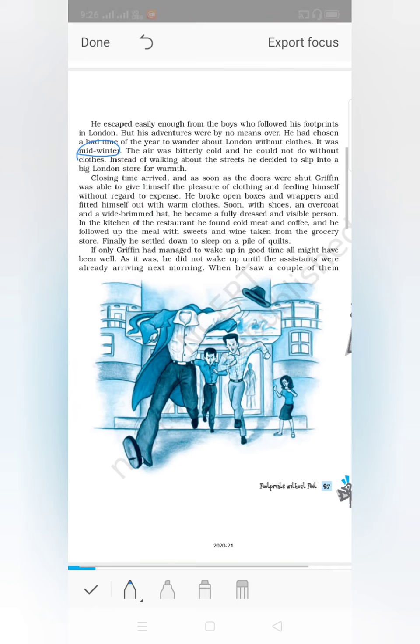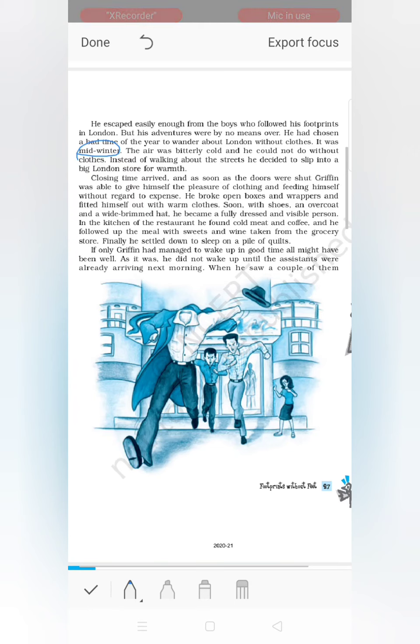So, he managed to escape from the boys who had followed him, but he had many more adventures coming up. And the worst time of the year that he had chosen was the midwinter. It was bitterly cold, and he was also feeling cold.